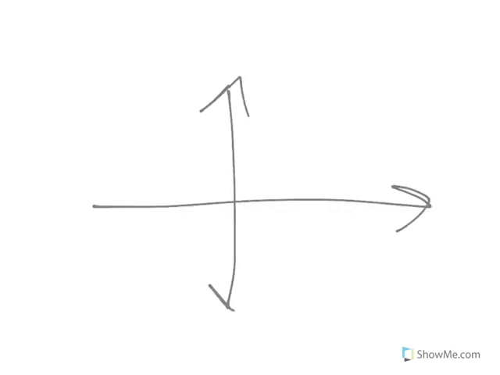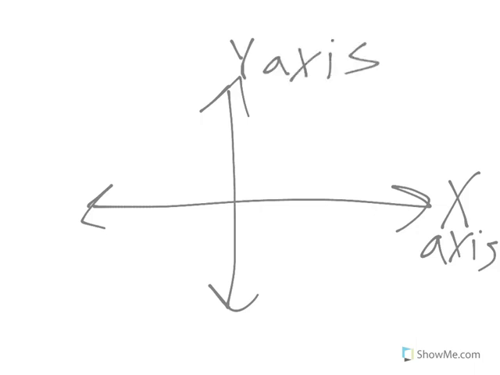All right, so again, quick review. We have our coordinate plane. It has 2 axes, plural. We have our X going across. We have our Y going up and down. And then we have our coordinates based off of our origin, which is 0, 0.